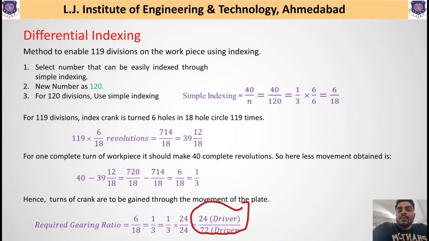If the extra movement is to be subtracted, then in such cases, if the crank is rotated in the clockwise direction, the gearing arrangement is such that it provides rotation in the anti-clockwise direction, so it will compensate that extra movement. So over here, the required gearing ratio is 24 by 72.